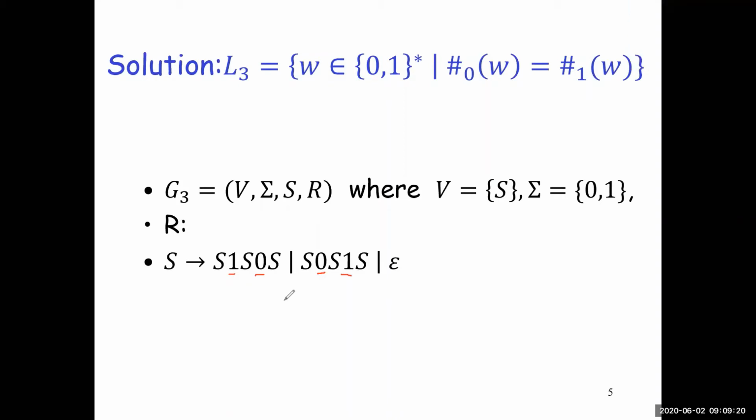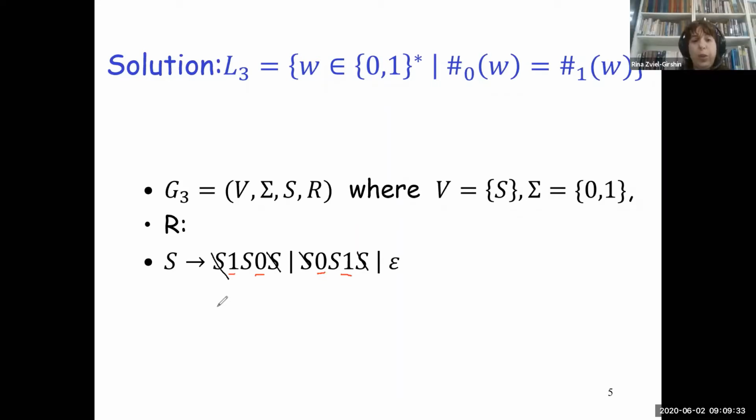Question? Why can't we, for example, do this? You can do this, but you will have a problem with a word that starts with one and ends with one, like this one, since now you have S only in the middle.